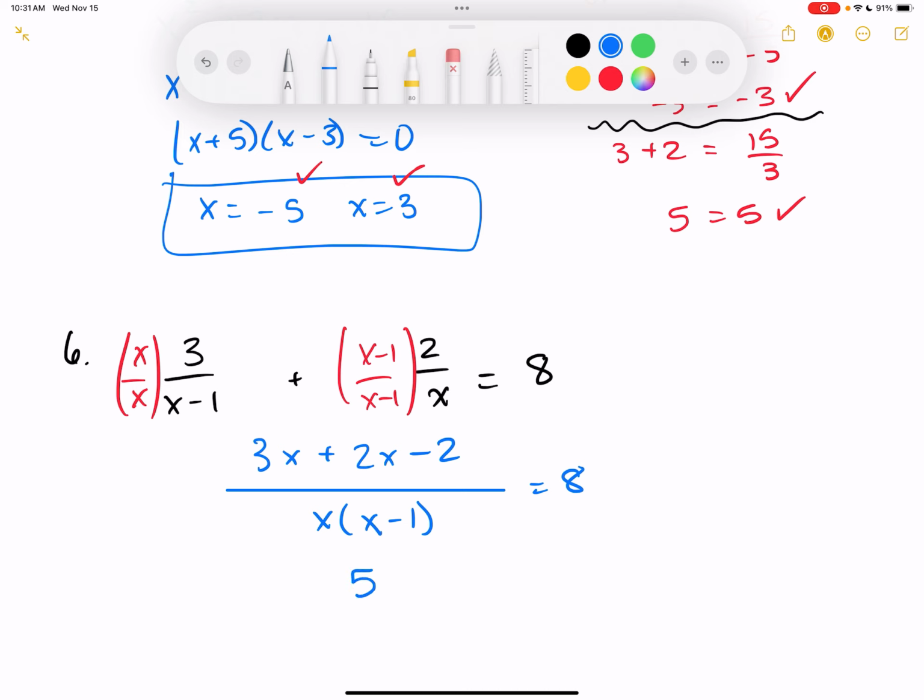So I'll have 5x minus 2 is equal to 8x squared minus 8x. So I just went ahead and multiplied it without actually writing it, but basically I just did this, which got rid of it from over here.